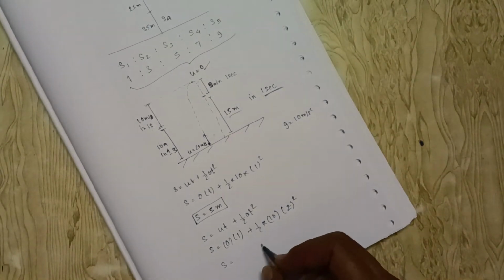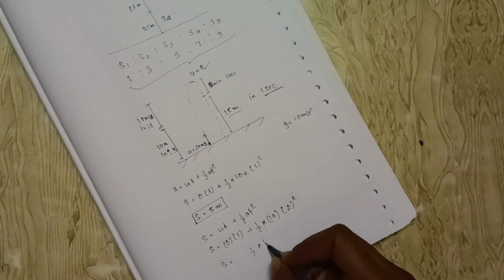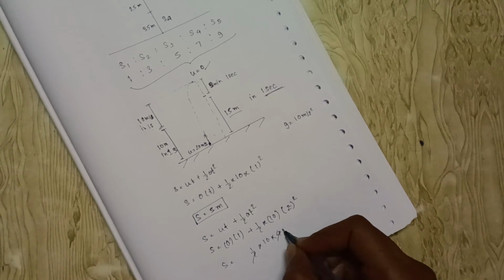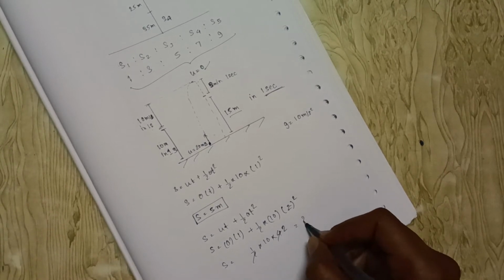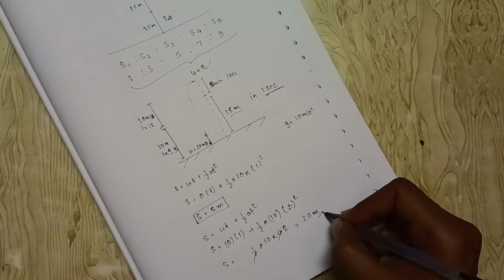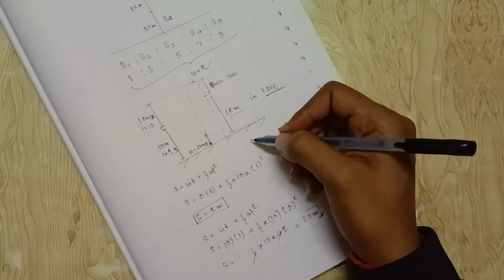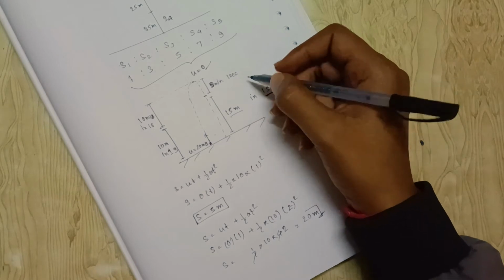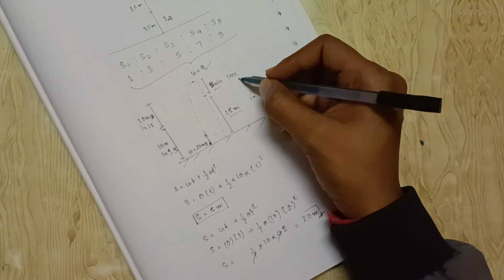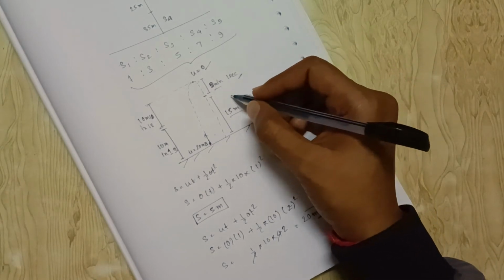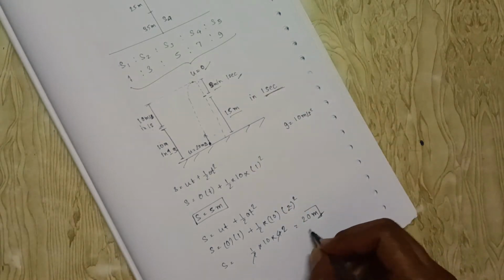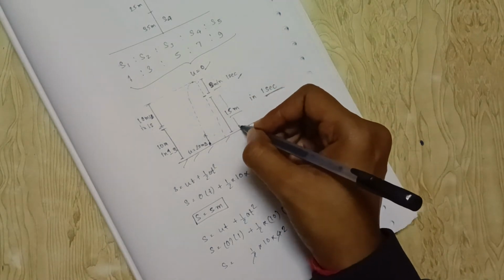So what is the distance it will have moved? That is 1 by 2 into 10 into 4, that is 20 meter. This 20 meter is from the top to bottom, and it moved 5 meter in the initial 1 second. So the remaining distance it moves is 15 meter in the second second.